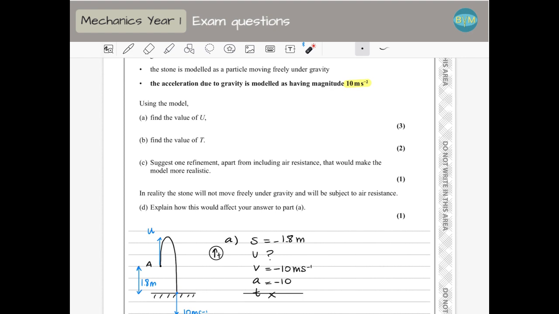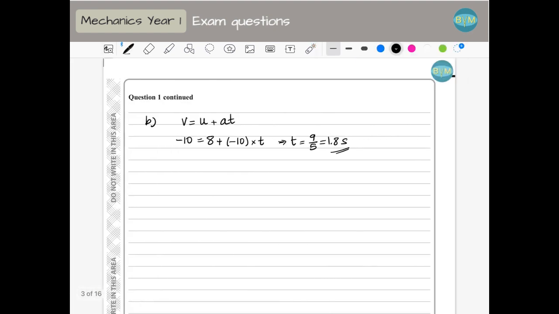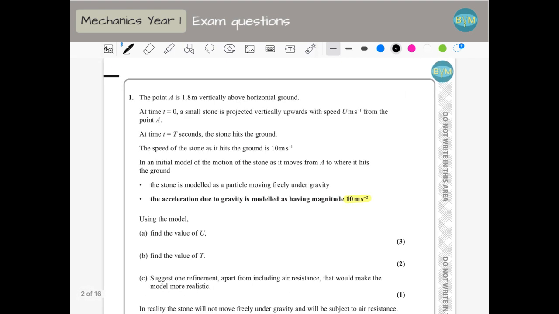I always recommend that because it's a 100% sure mark. So you say, for example, a more accurate value of g. And it's not just when they say g is 10; even when you are using 9.8, you can say that you can use a more accurate value of g, because 9.8 is already rounded.